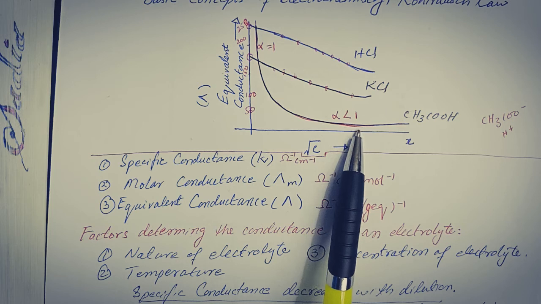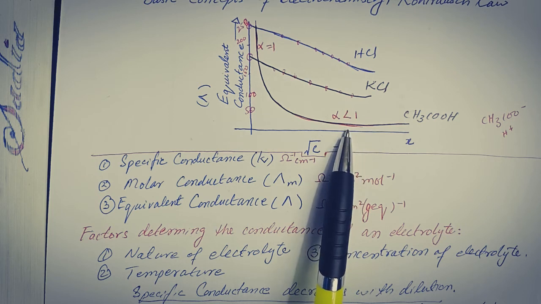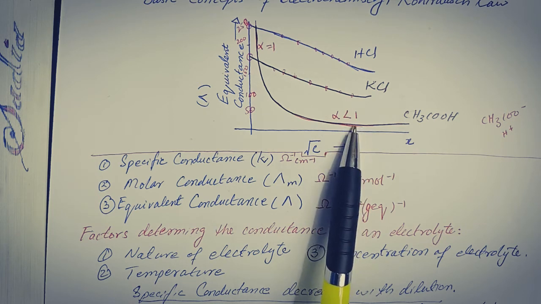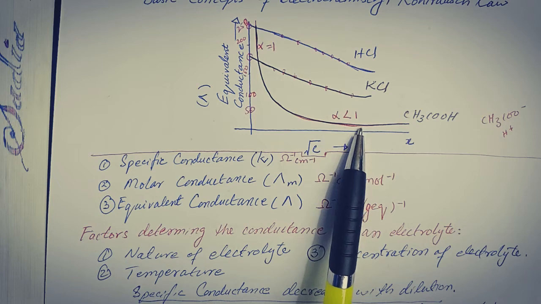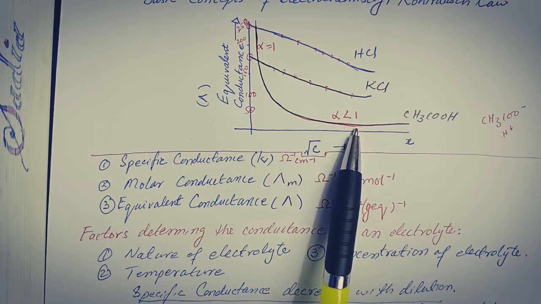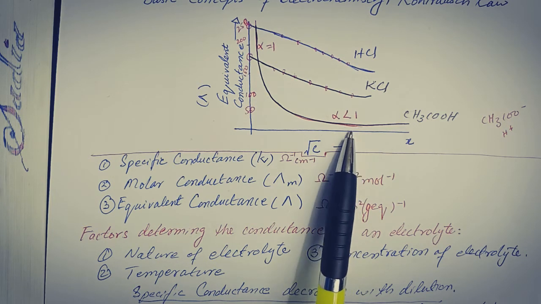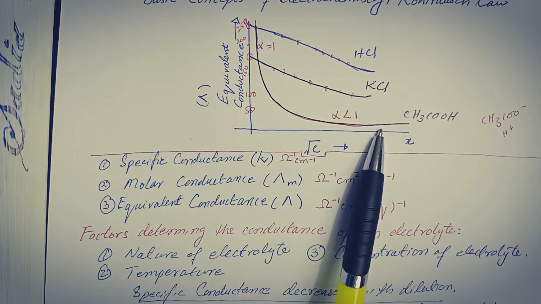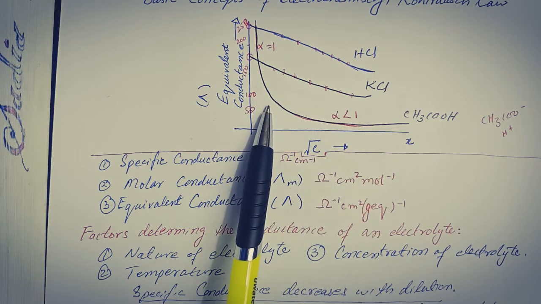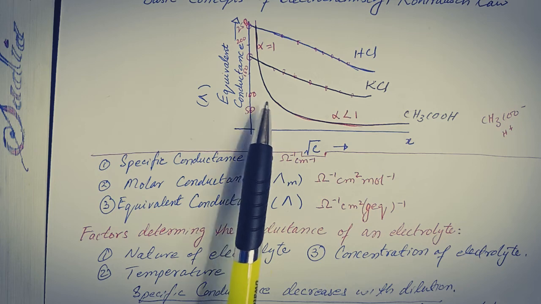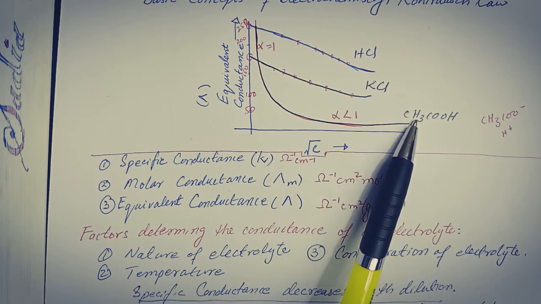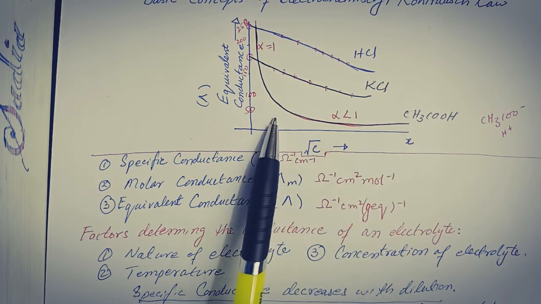For the weak electrolyte, it means that the number of ionic species available within the solution, which are important for the conductance of the current through the solution, are decreasing with increasing concentration.